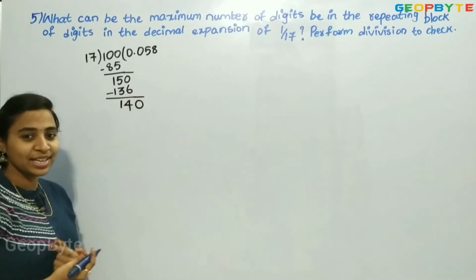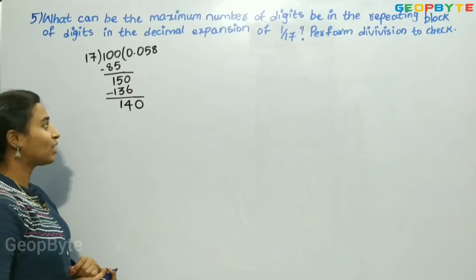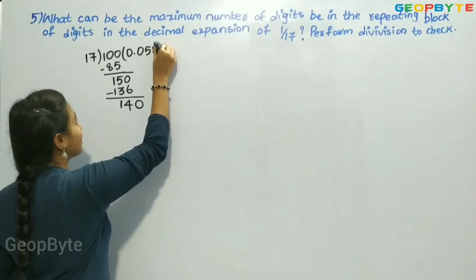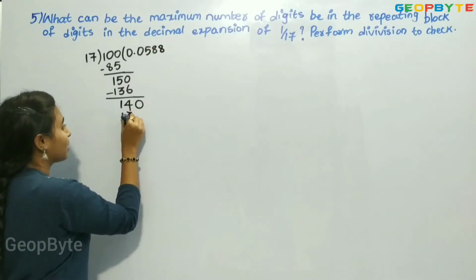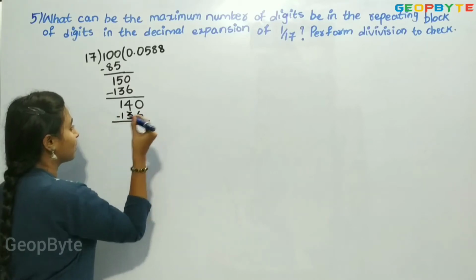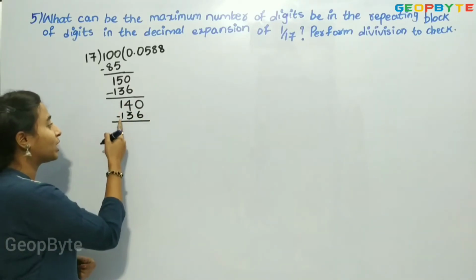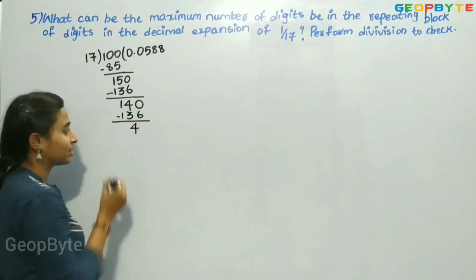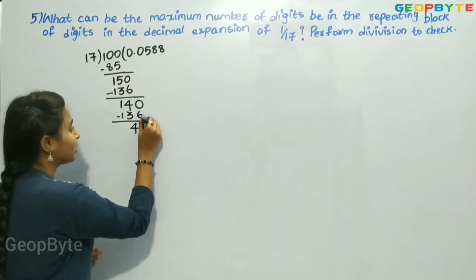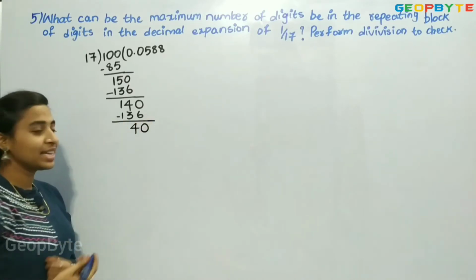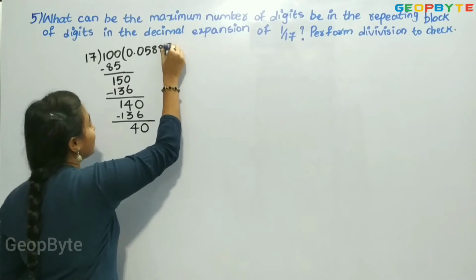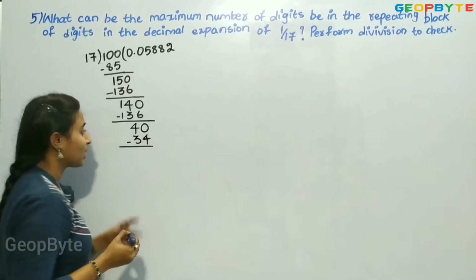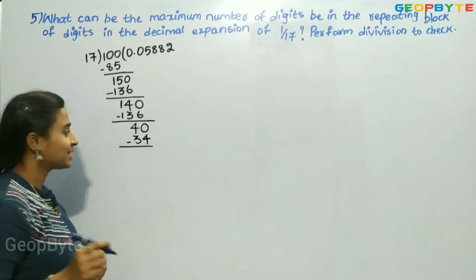Again let us take a 0. Now we have 140. So again 17 8s are 136. Now 140 minus 136 gives you 4. Now let us take a 0. Now 17 2s are 34. 40 minus 34, 6.